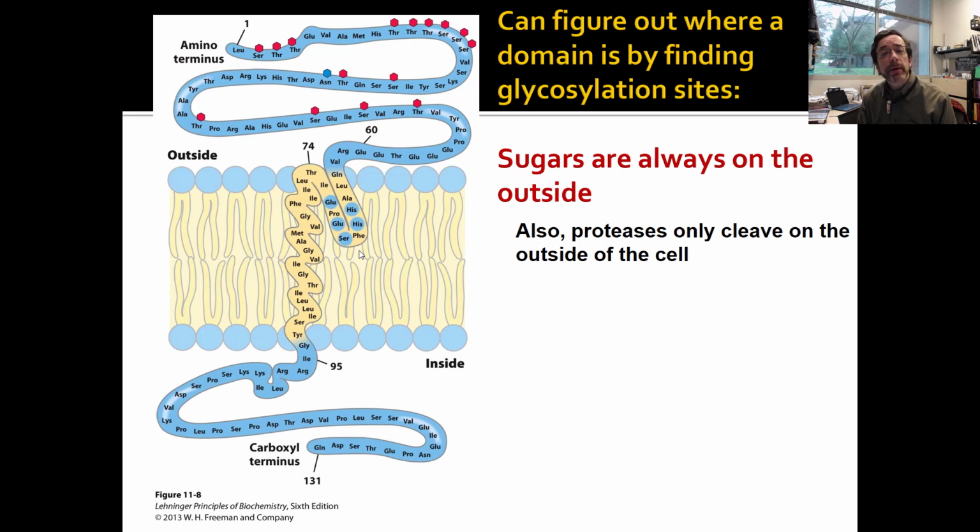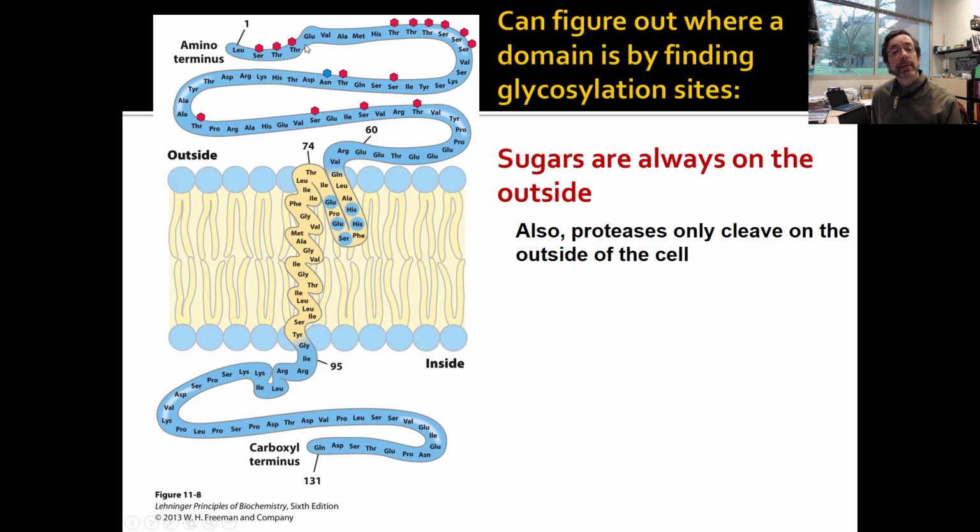The other thing you can see is where the sugars are attached. Remember how we talked about how sugars are attached to particular sequences of amino acids and also outside only, not inside? Well, you can look for these kinds of sequences, these codes, in the protein sequence. And right here you can see that you have a bunch of these serines and threonines and even an asparagine here, all outside the protein.